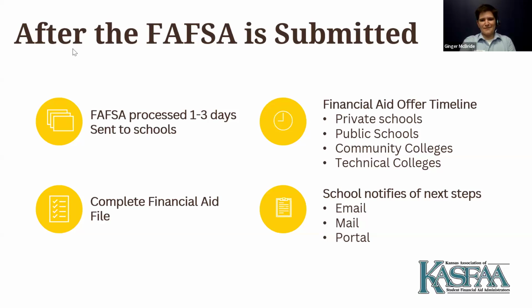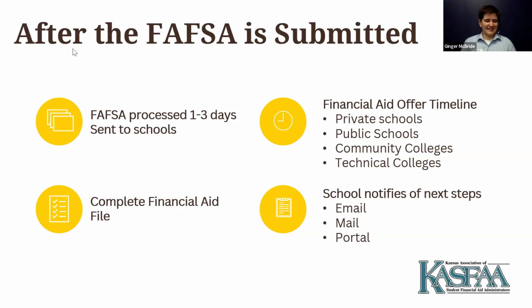Financial aid offer timelines are a little bit up in the air, right? Because for so many years it's been that the FAFSA opens up on October 1st. By the way, happy October 1st, even though this is not the day the FAFSA is opening this year. But in general, private schools, public schools, community colleges, and technical colleges have their own sort of pace of getting information out to students once they've gotten that FAFSA from them.